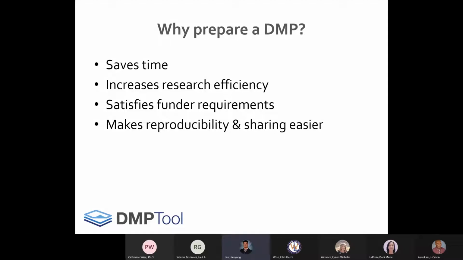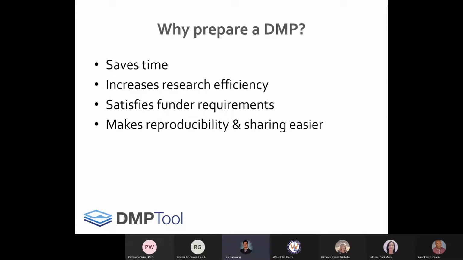So then why do we need to prepare data management plans? Preparing a good data management plan can save lots of time and also increase research efficiency. Additionally, and most importantly, the DMP can satisfy the funders' requirements in order to get funding grants from the federal agencies. And it can also make research reproducibility and sharing easier.